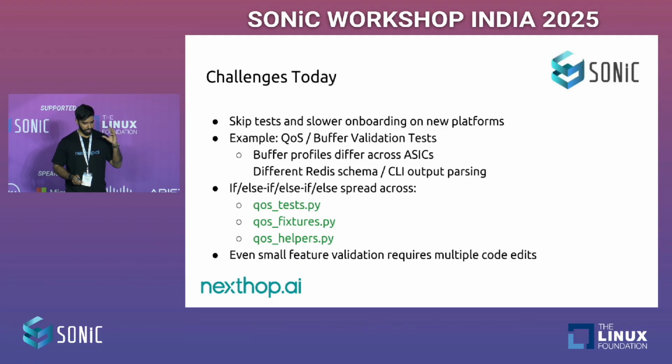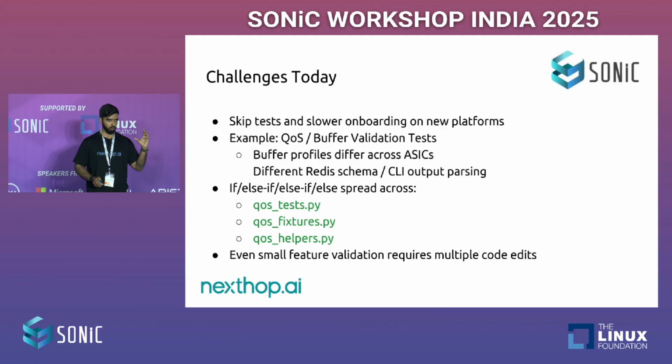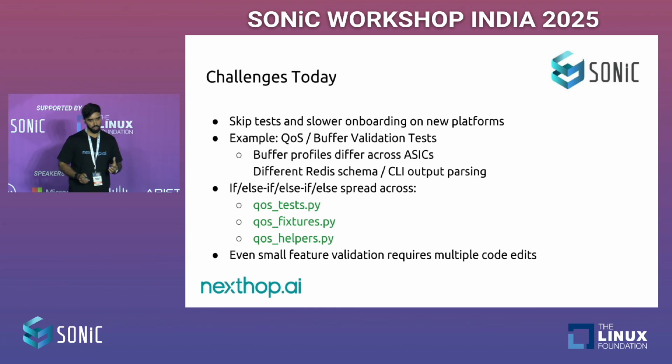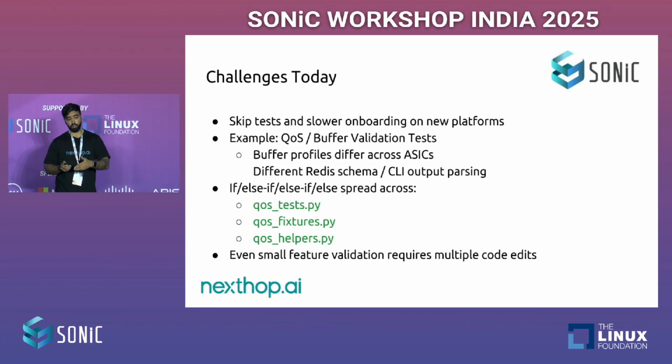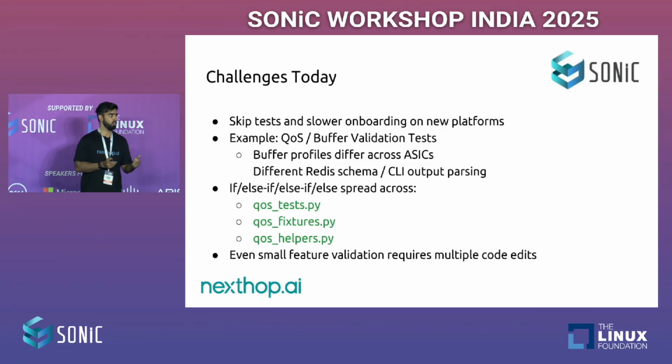They embed platform-specific logic. For Mellanox, there is a specific check. For Cisco, there is a check. For Broadcom, specifically for Tomahawk 4, Q3D, and so on, there are checks. Basically, the test has a bunch of if-else spread across.